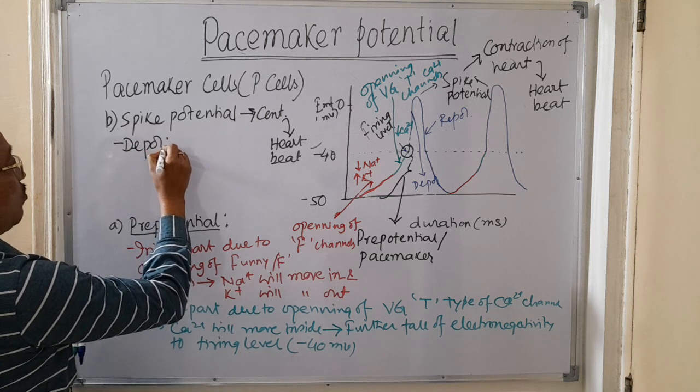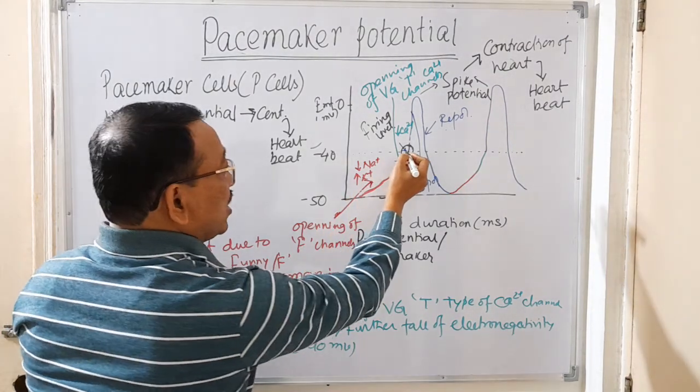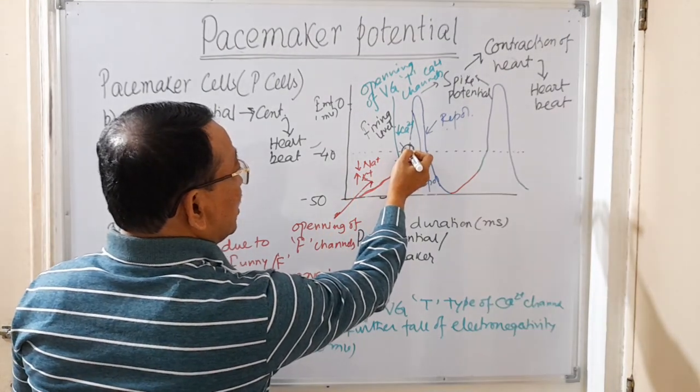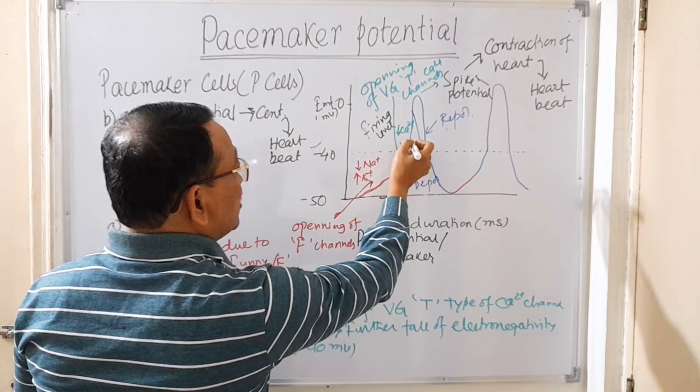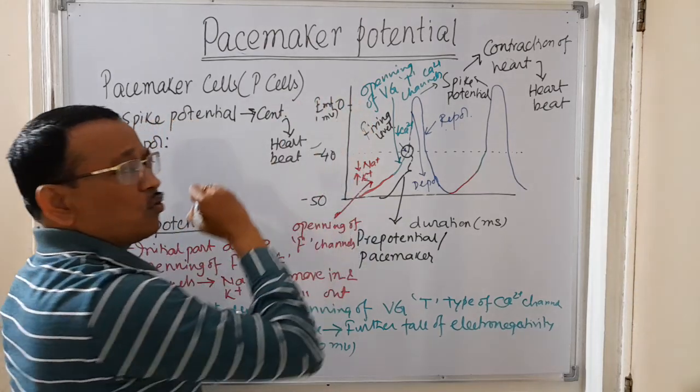Depolarization of the spike potential is due to the inside electronegativity being further decreased very rapidly from -40 to 0.